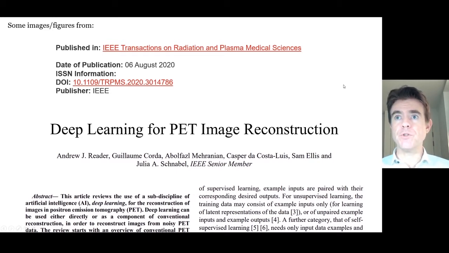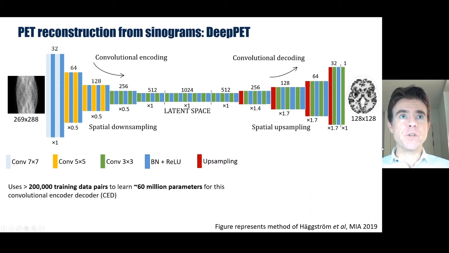So first then, let's take a look at DeepPET, the method of Hagstrom et al., which basically uses a convolutional encoder-decoder where a sinogram, a 2D sinogram, is basically taken through a whole series of convolutional layers, but crucially there is this spatial downsampling into this compact latent space, followed by these convolutional layers that seek to do a decoding of the information in that latent space.